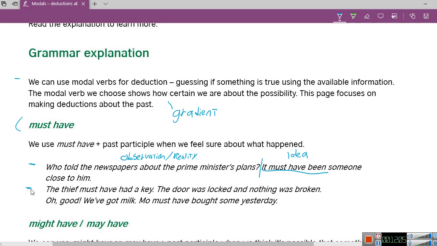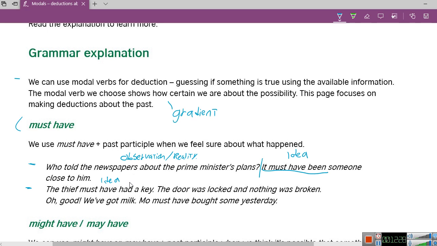Now let's look at this second example. The thief must have had a key. The door was locked and nothing was broken. So this is kind of the opposite direction. This is the reality, the observation: the door was locked and nothing was broken. But someone got in. So this is my idea.